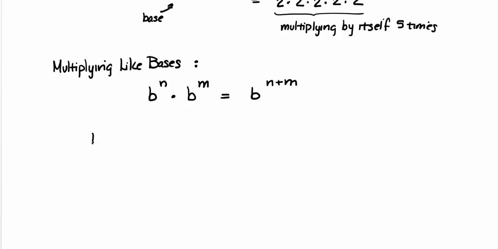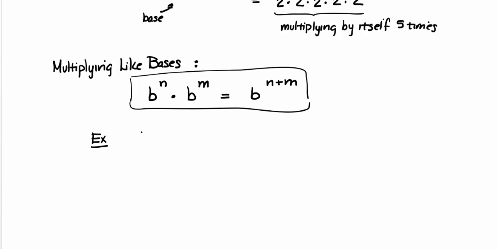So this is basically our rule here. For example, if I have q to the 4th times q to the 8th, my q stays the same, and I simply have q to the 4 plus 8, and that gives me q to the 12th.